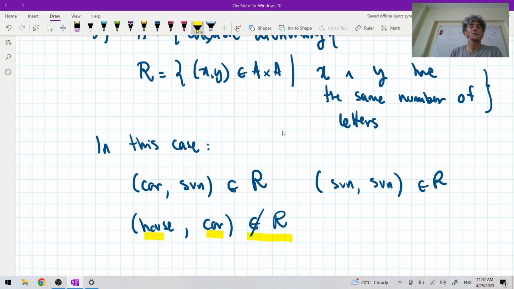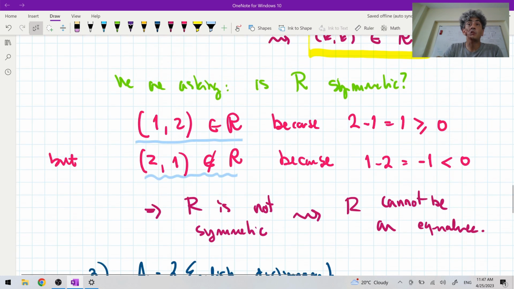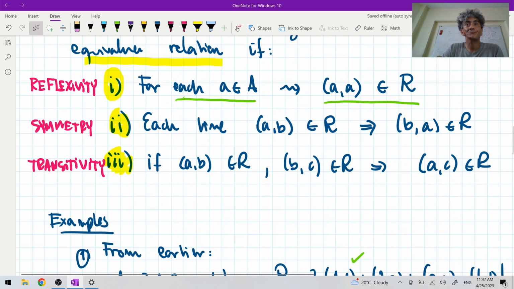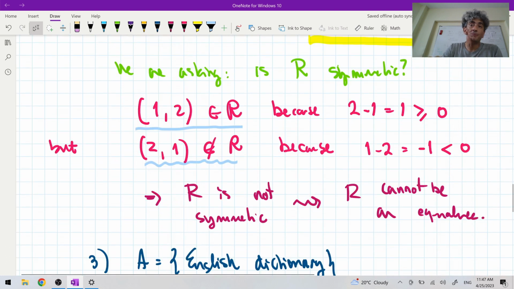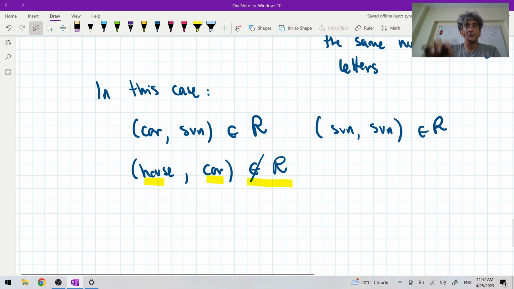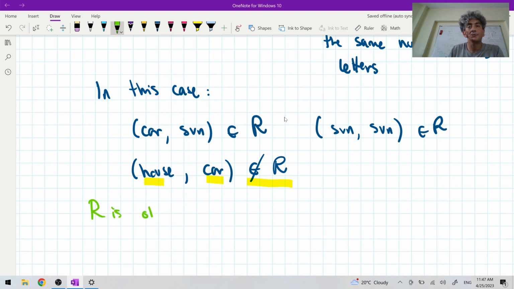Okay, so we need to see if R is actually an equivalence relation. Well, this is fairly obvious at this point. R is obviously reflexive.